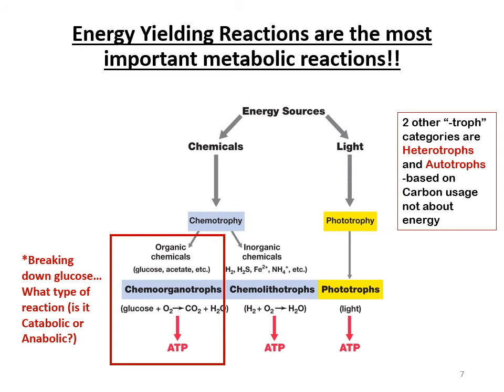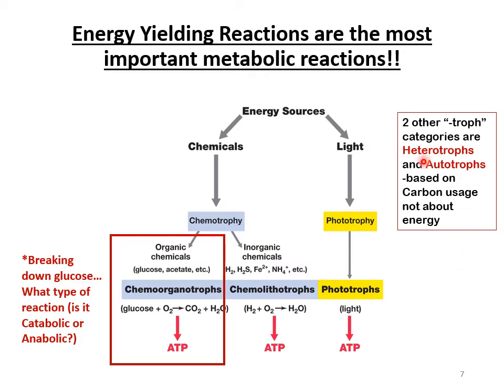The last thing I want to go over with metabolic reactions and metabolism are the energy yielding reactions. Okay? When you look at this slide, there's a few different terms that you have to know. Okay? They're bolded, so you have chemoorganotrophs, chemolithotrophs, phototrophs, and these terms here, heterotrophs versus autotrophs. All of these terms I want you to be very comfortable with. The difference between these terms, first off, is what they are yielding or producing.